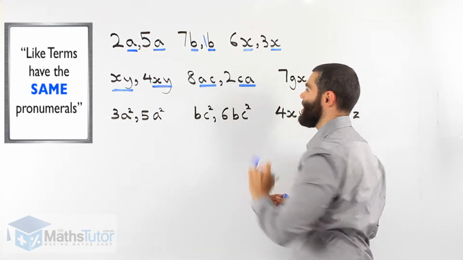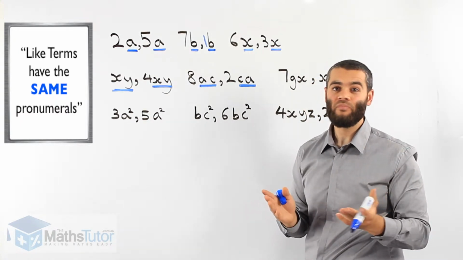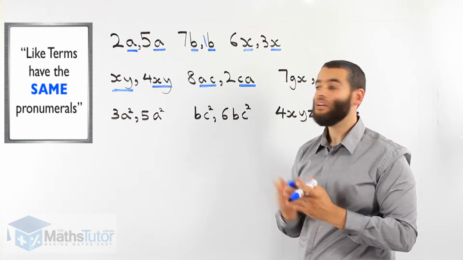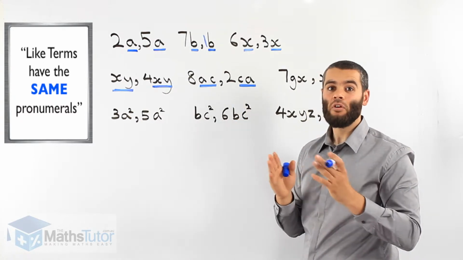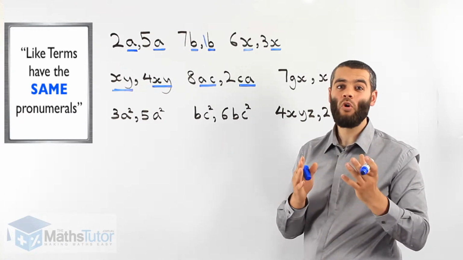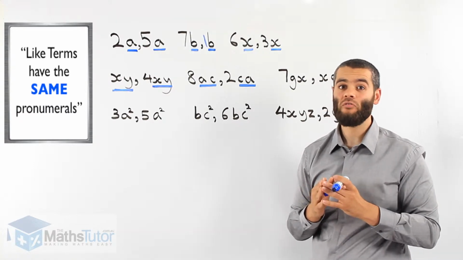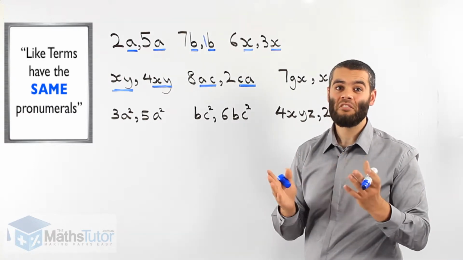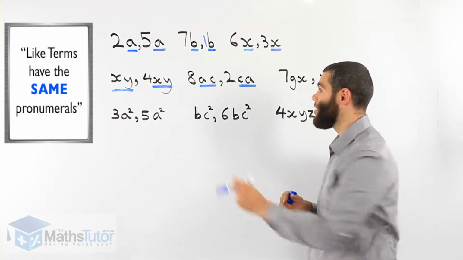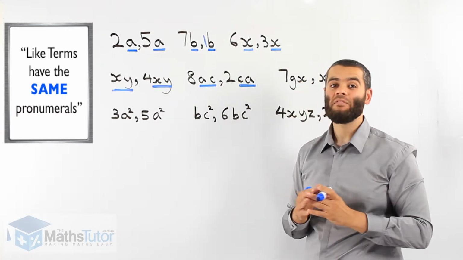We learnt before that AC means A times C, and CA means C times A. It's like multiplying 4 times 3 and 3 times 4, it's the same answer anyway. You get 12. So AC, A times C, and CA, C times A, are the same.